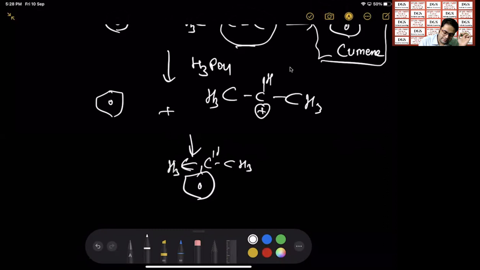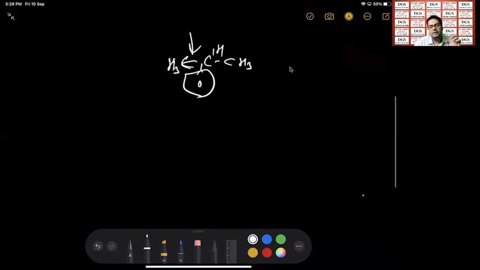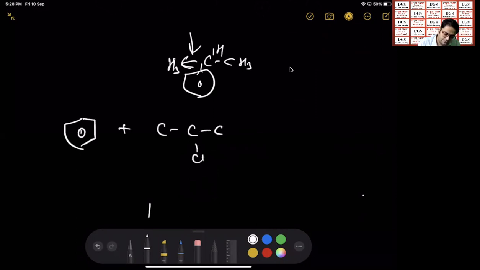Now you might say, sir, is there any other process by which we can get this cumene? Yes, you all pretty well know about Friedel-Crafts alkylation reactions. So we can use the Friedel-Crafts reaction. Now, in that case, we will use anhydrous AlCl3, a Lewis acid.